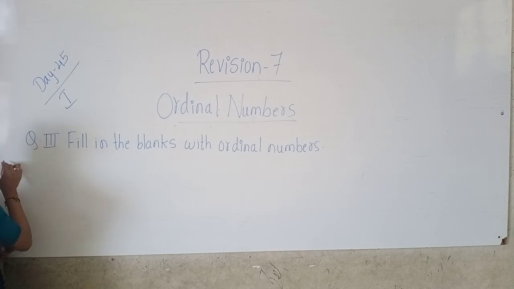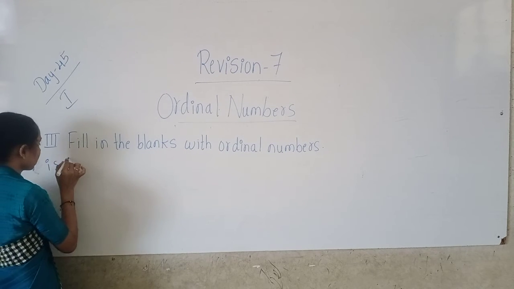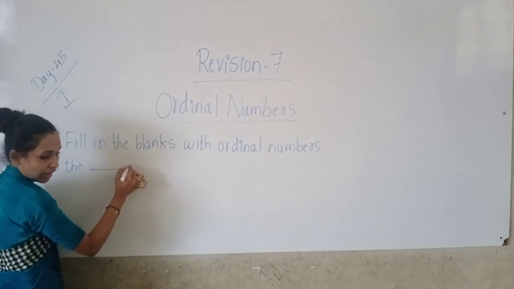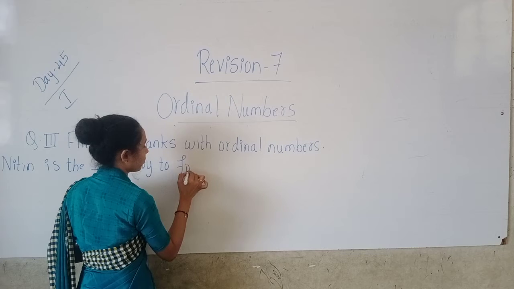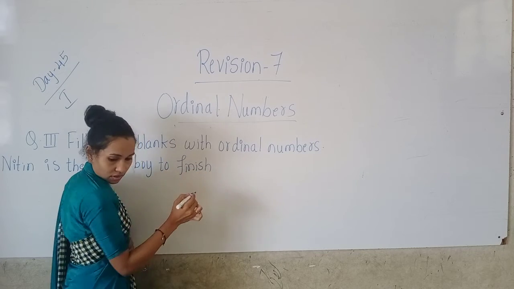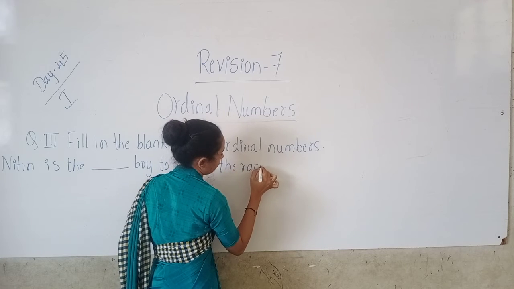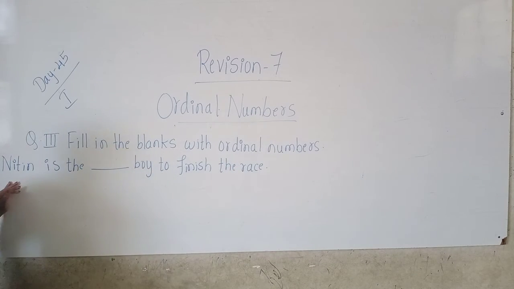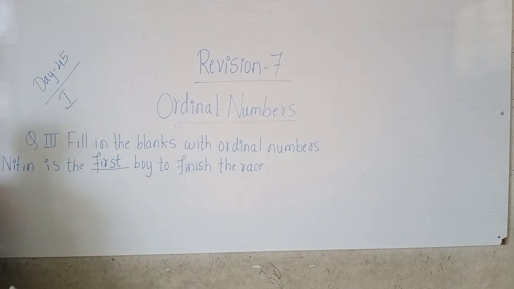Where is Nitin, children? See the picture. Nitin is the dash boy to finish the race. So where is Nitin? He is in the first place. So what should we write here? F-I-R-S-T, first. Okay.